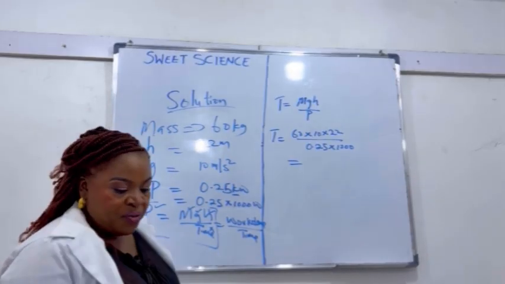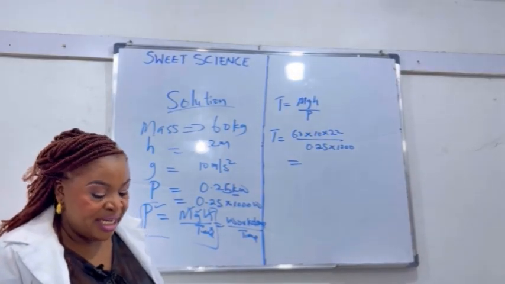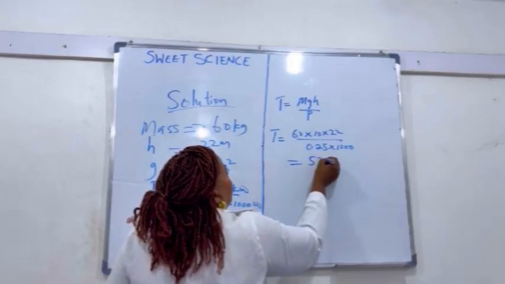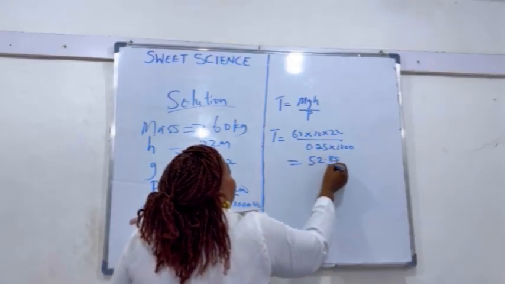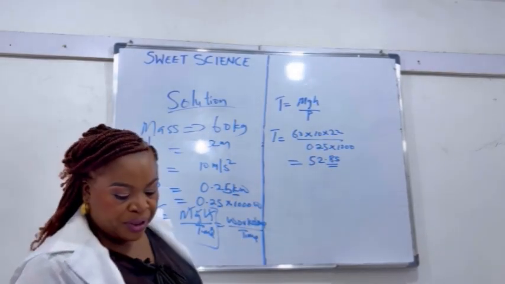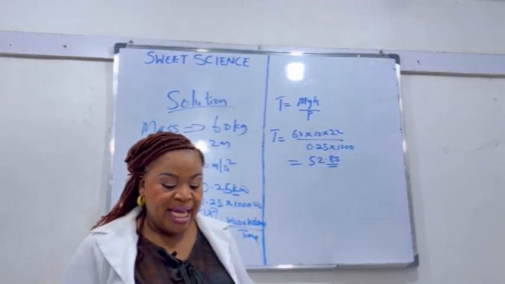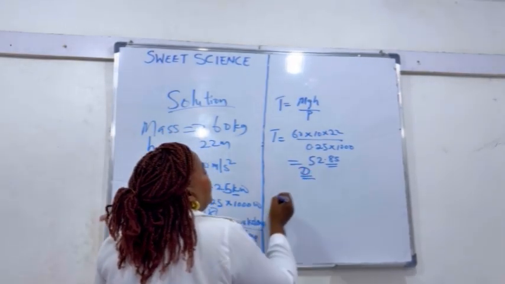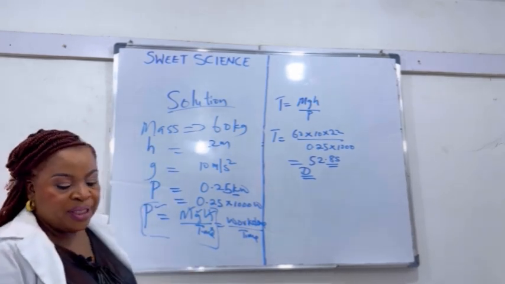And when you calculate everything, it will give you 52.8 seconds. So the correct option here is option D. Option D is the correct option.